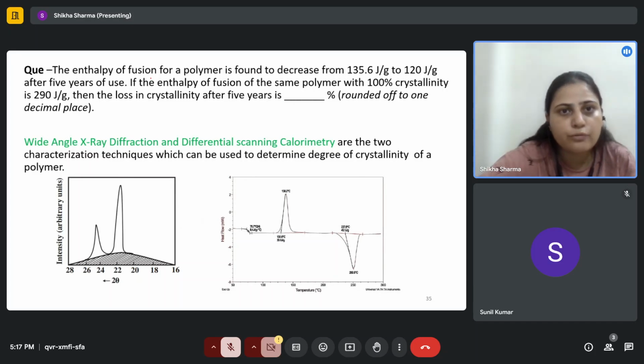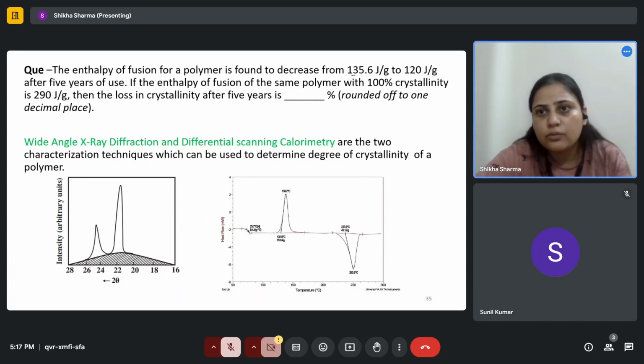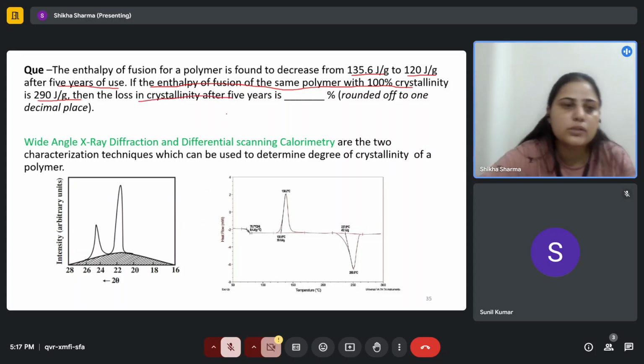The enthalpy of fusion of a polymer is found to decrease from 135.6 joule per gram to 120 joule per gram after 5 years of use. If the enthalpy of fusion of the same polymer with 100% crystallinity is 290 joule per gram, then the loss in the crystallinity after the 5 years will be.